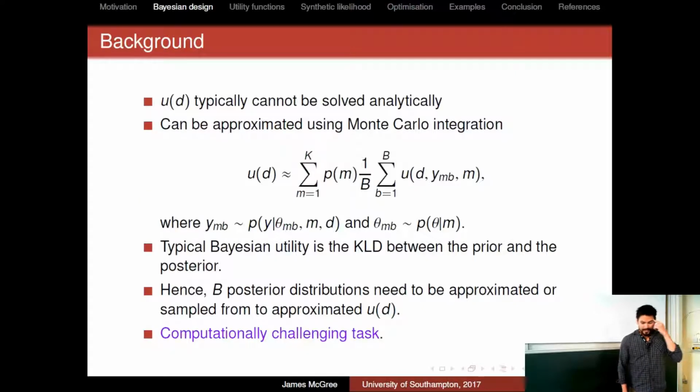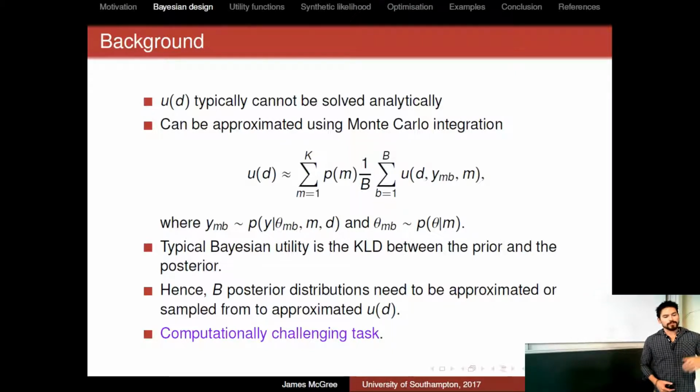Unfortunately, evaluating this utility, we typically can't solve that integral analytically, so we need to do some sort of approximation. The easiest thing to do, I think, is Monte Carlo integration, where you sample from your prior on the parameters for each model. So sample your thetas here, and then given those thetas, you sample some y's.